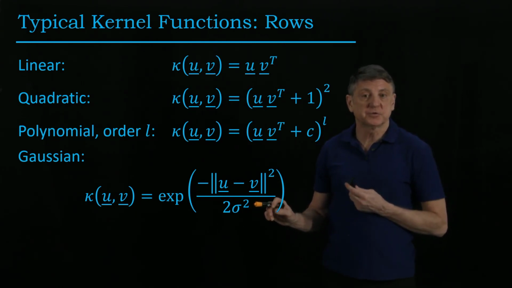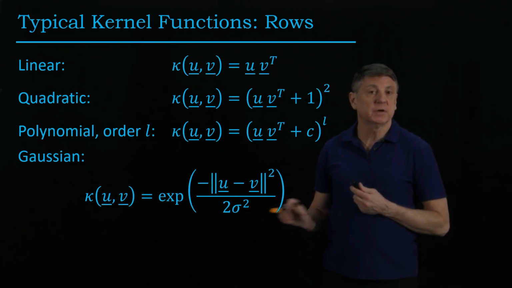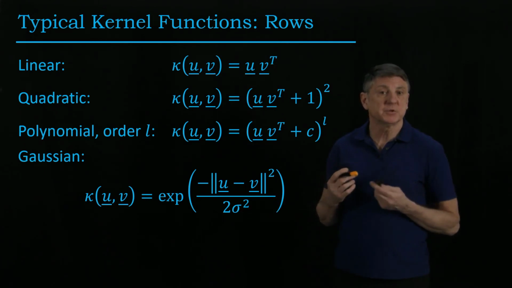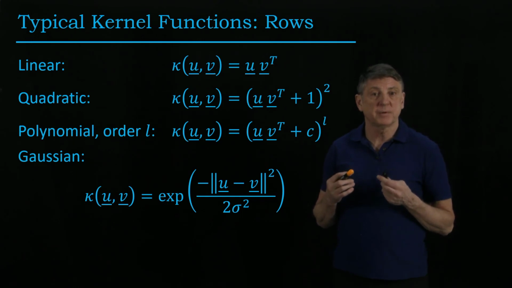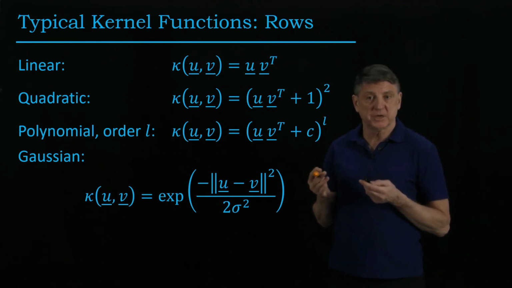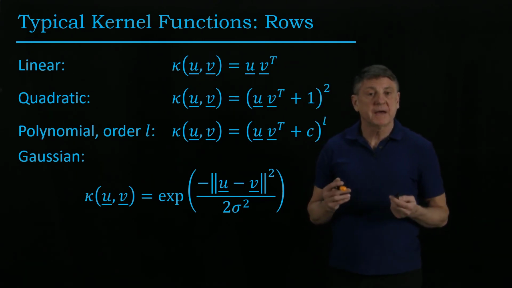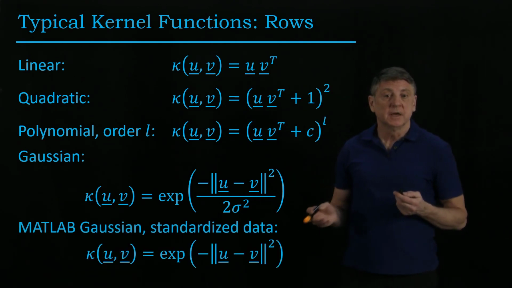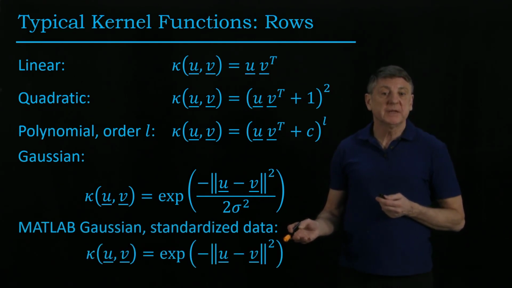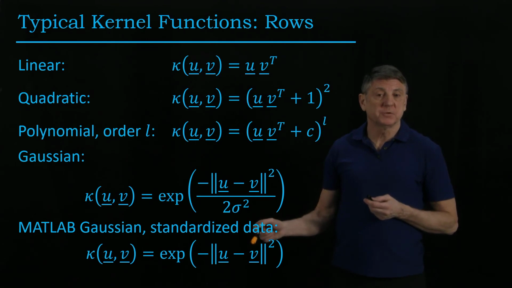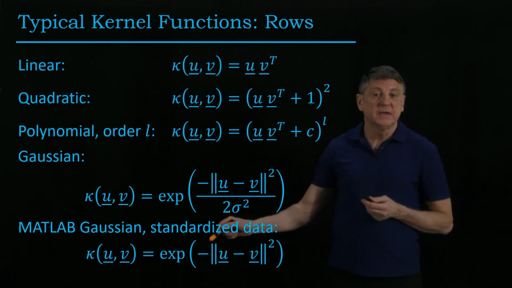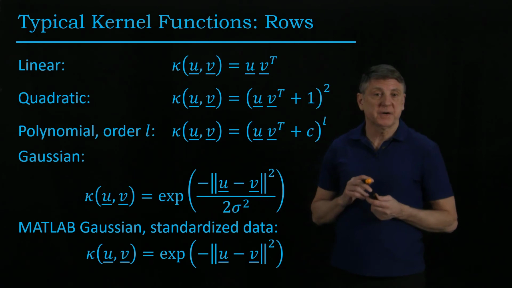If your data were distributed normally, you would think of sigma squared as being the variance. For us, sigma squared is often another hyperparameter that we have to provide or adjust. If we're working in MATLAB with data that are standardized, MATLAB will simply take the difference between our observations, find the squared norm, negate it, and perform the exponential function.